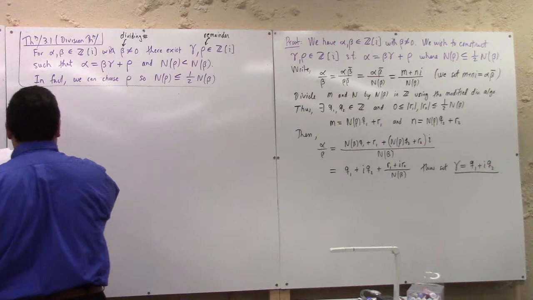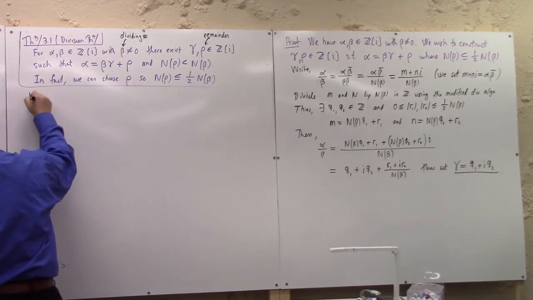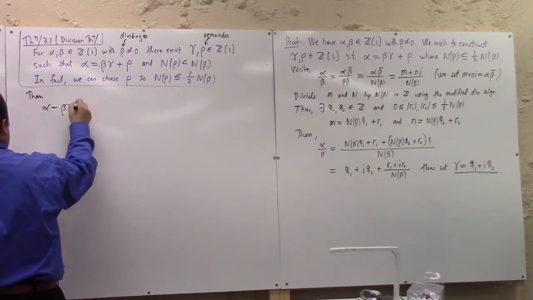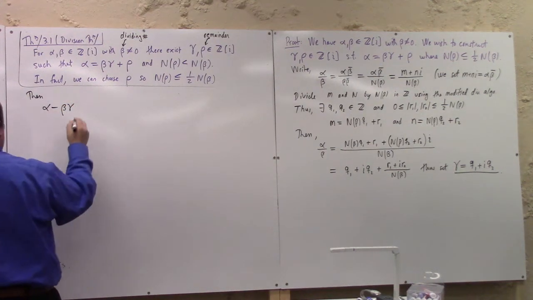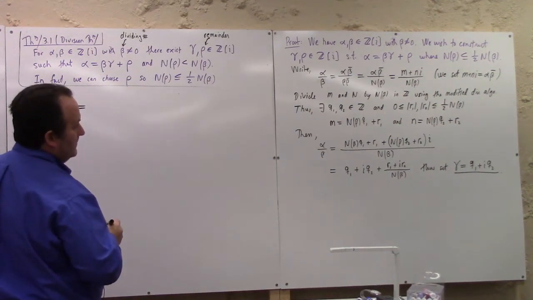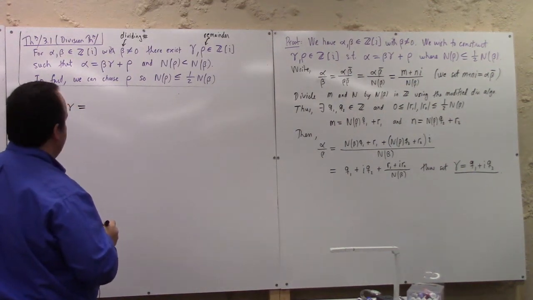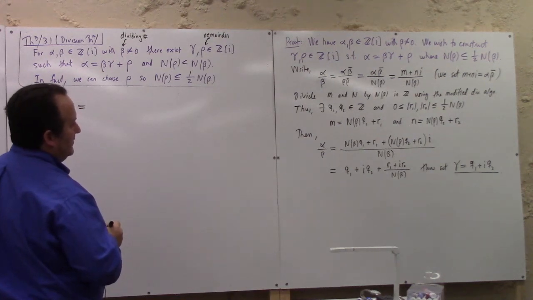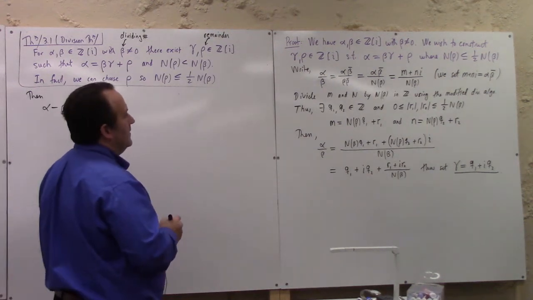So he says, okay, so then alpha minus beta gamma. All right, so we can work that out, right? What's our alpha? Alpha is whatever it is, I suppose. How do we have things broken down?